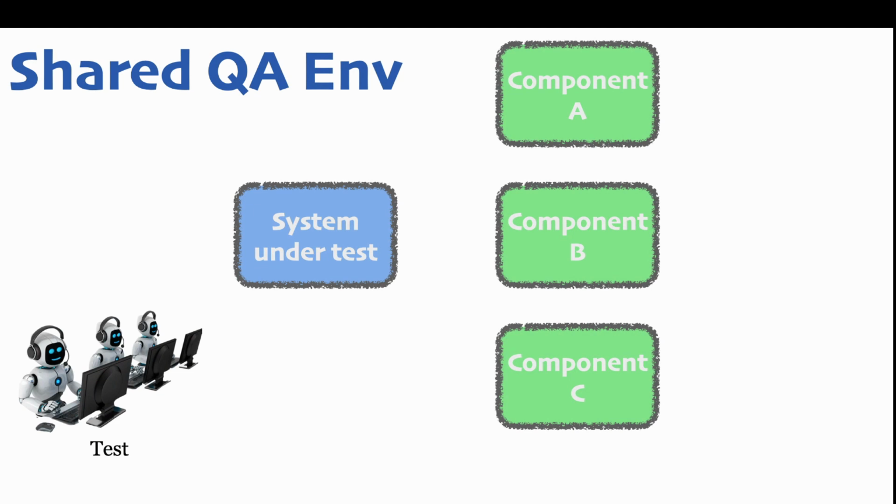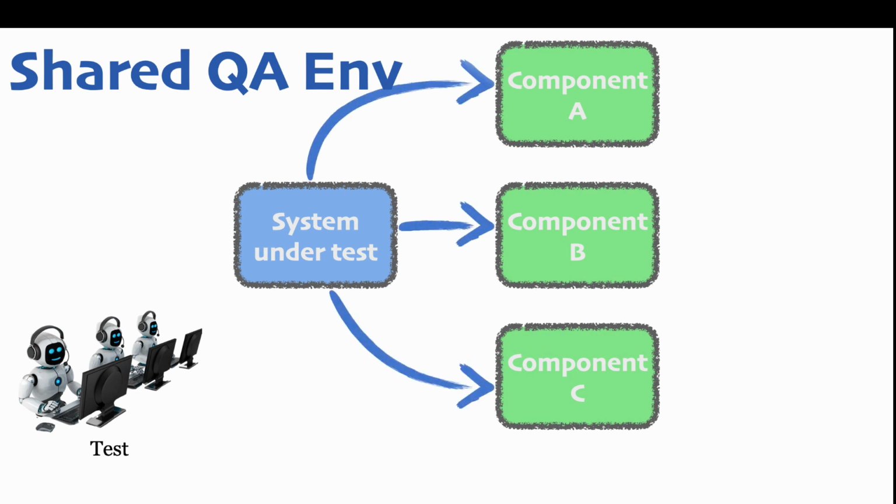I will show you how the shared QA environment causes the flaky test. This is a classic example that uses the shared QA environment as a CI environment. For this case, our system under test needs to connect to the shared environment, which is owned by another team. Basically, our team has no control over those components. If everything works in our CI environment, we run the test, it will show the test pass for sure.